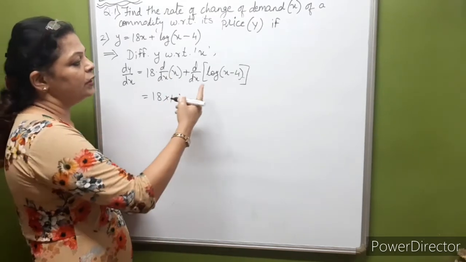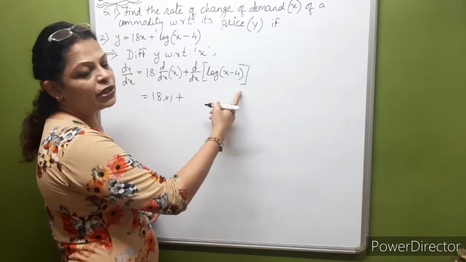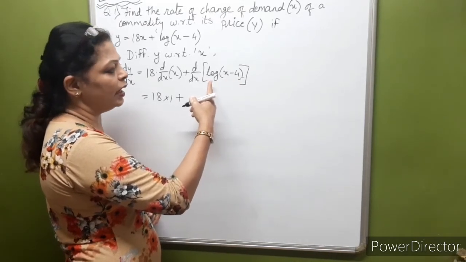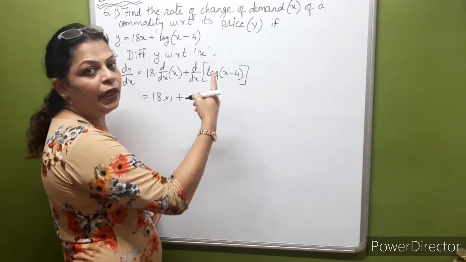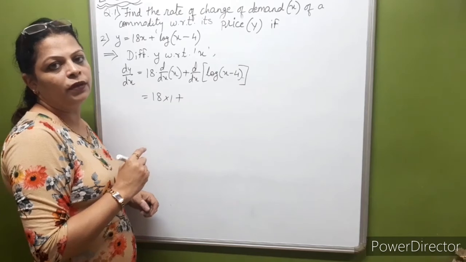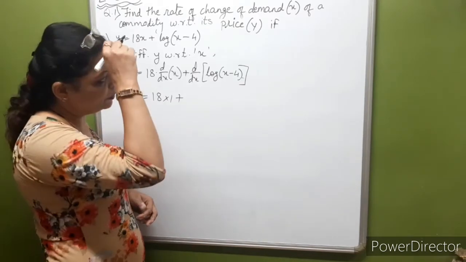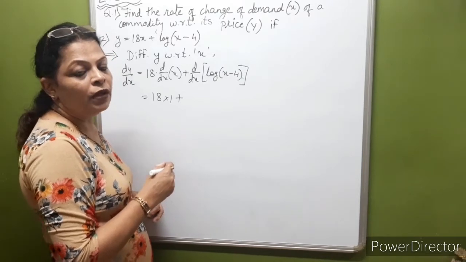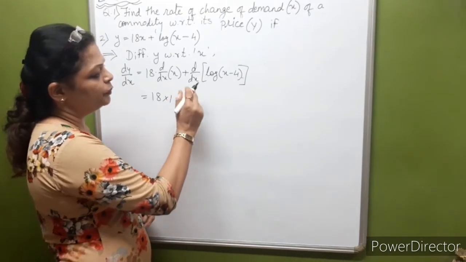Now see, pay attention, this is a composite function, log of x minus 4. That means you will first derive log function into the derivative of x minus 4. Isn't it? In the previous lesson exercise, we have done the derivatives of composite functions. So this is now the shortcut you can do.